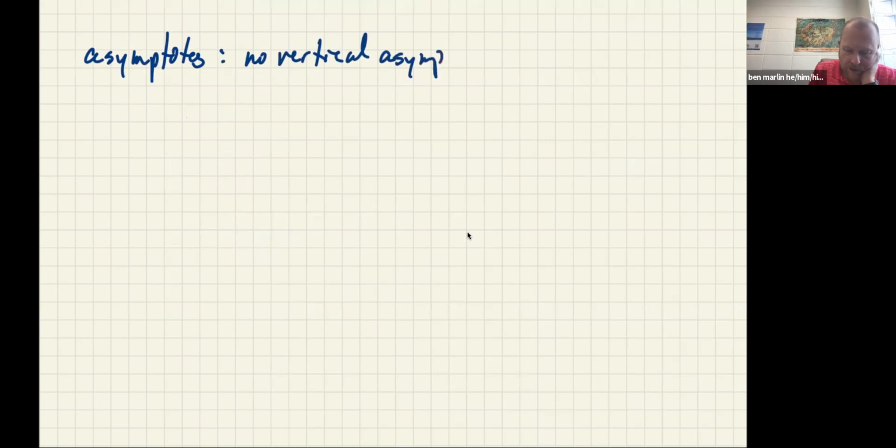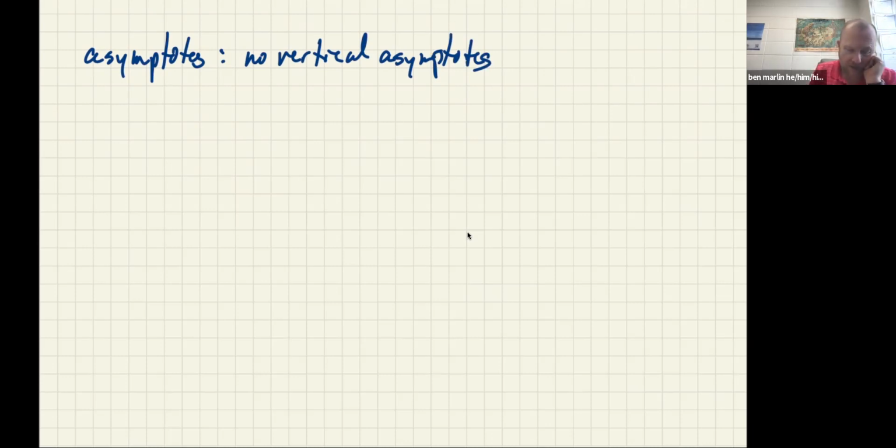And now we're going to look for asymptotes. You can clearly see there are no vertical asymptotes. If you look at the graph, you can spot that, but you can also look at the function and see that nowhere in it are we dividing by 0, so we don't have to worry about that.